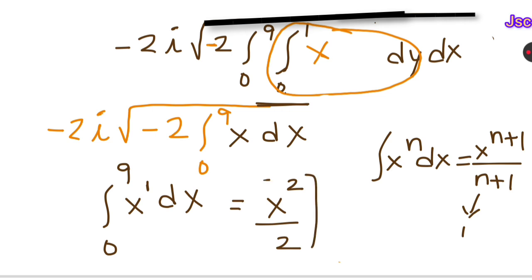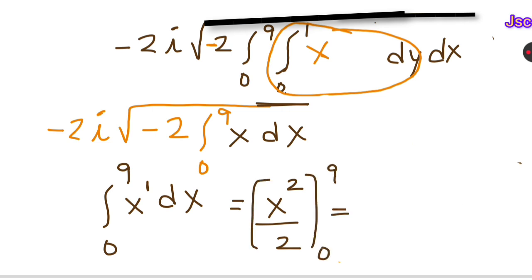Now apply the limits. Let's apply the upper limit 9, so 9 raised to the power of 2 over 2, minus the lower limit 0, so 0 raised to the power of 2 over 2 which is 0 only. So this value is 9 raised to the power of 2, which is 81 over 2. The integral from 0 to 9 of x dx has the value 81 over 2. Let's take that.